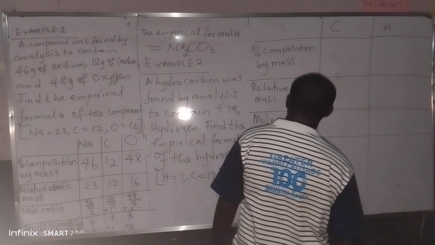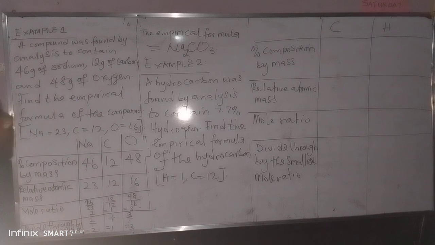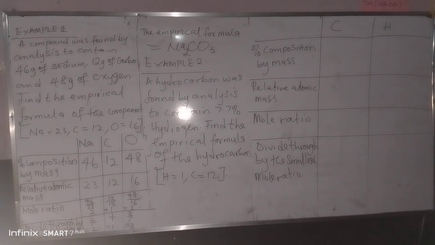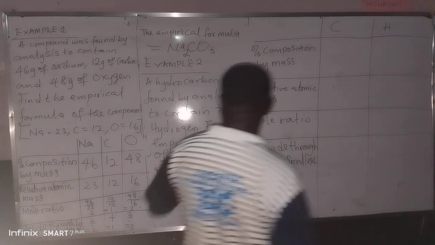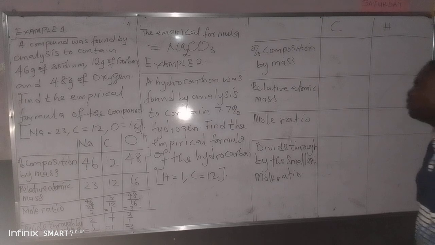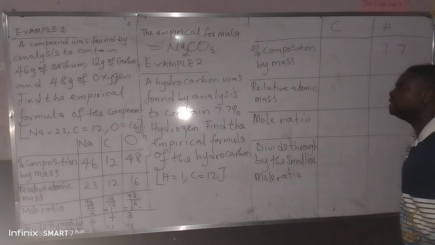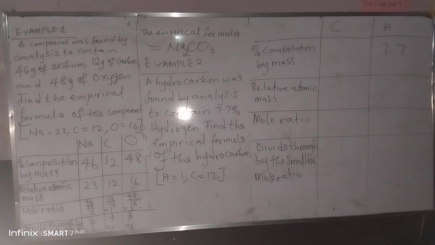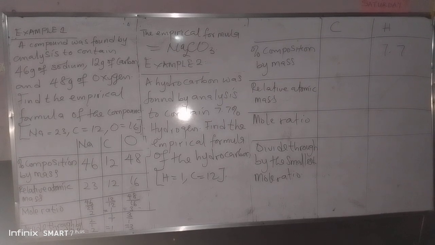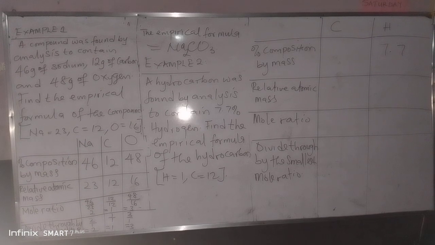So here we have this. What do we do? Under carbon, we are not given anything, we only have one number. It contains 7.7% hydrogen. And don't forget, this compound only contains carbon and hydrogen. So addition of the percentage of carbon and hydrogen should give you 100%.